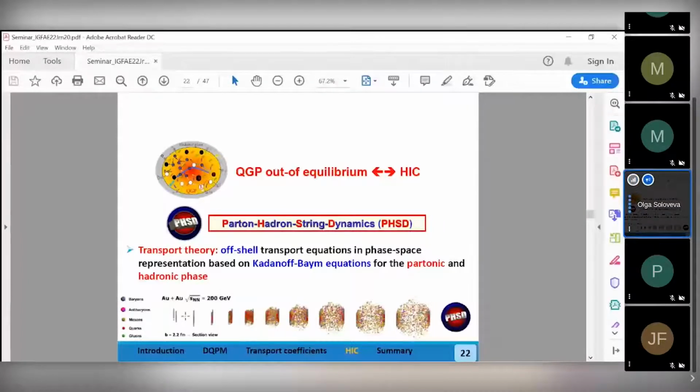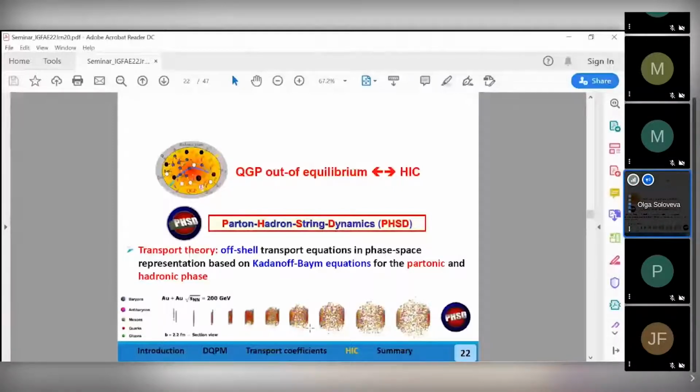After some expansion, you can see that there are not so many quarks and gluons, but more mesons. And here you can see some baryons and antibaryons. But later on, it is mainly only mesons.